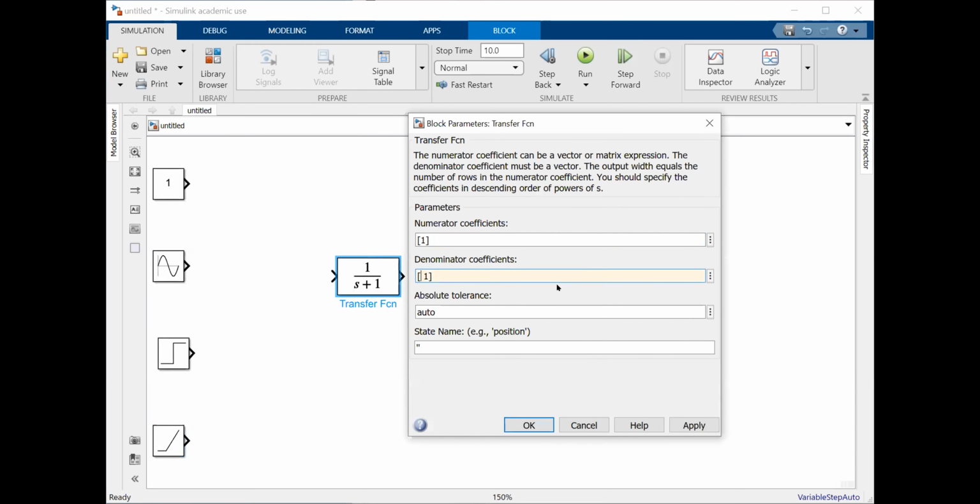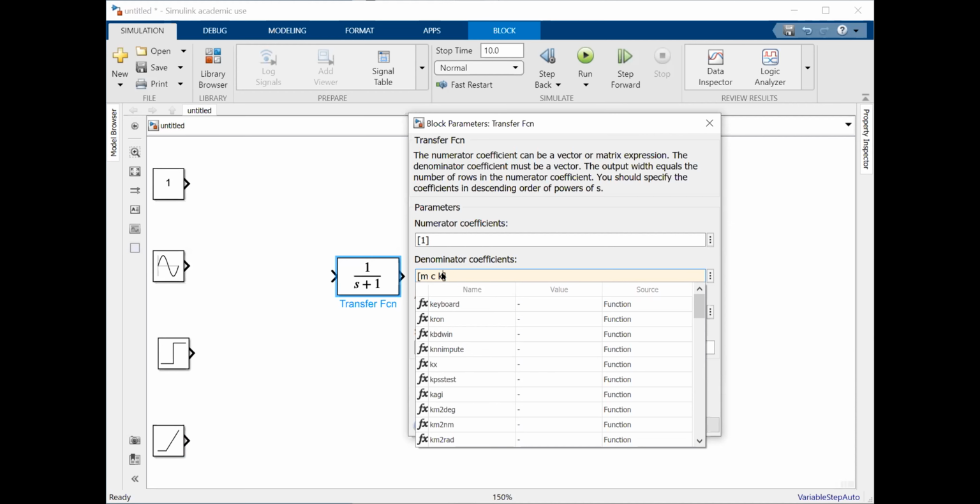And at this point, I just want you to look at the block diagram and the transfer function that we have. The transfer function that we have worked out is something like ms square plus cs plus k.